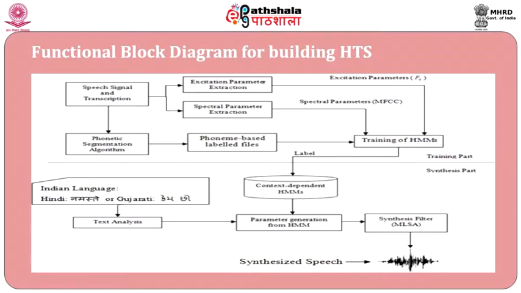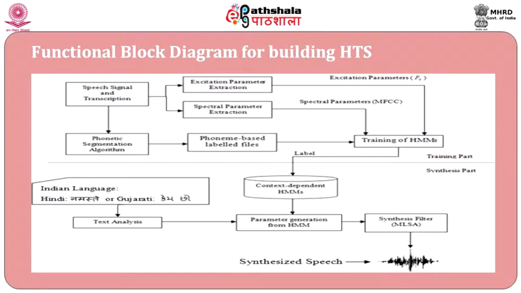Mel frequency spectral coefficients and their dynamic features, that is delta and double delta features, are generally taken as spectrum parameters, and log f0 and its dynamic features are taken as excitation parameters. Then these features are modeled by context dependent HMMs. Here spectrum, excitation and duration are modeled in a unified framework.